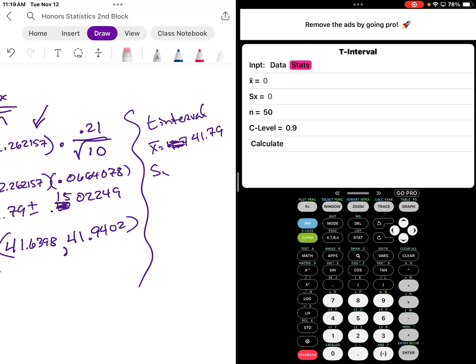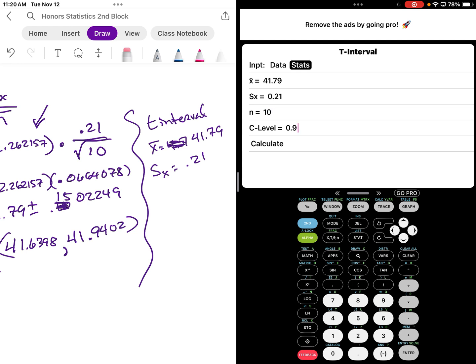They told us that S sub X was 0.21. So I'm going to use that feature, arrow down, and type 41.79. 0.21 is my SX. Sample size, I don't have to do degrees of freedom here. I just type in my sample size of 10.